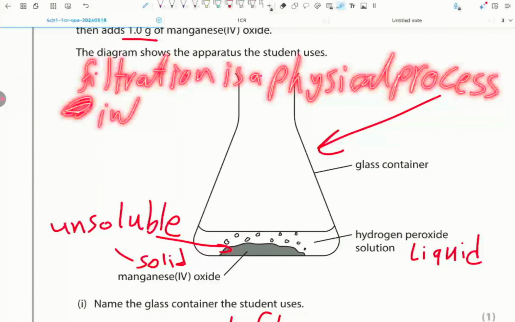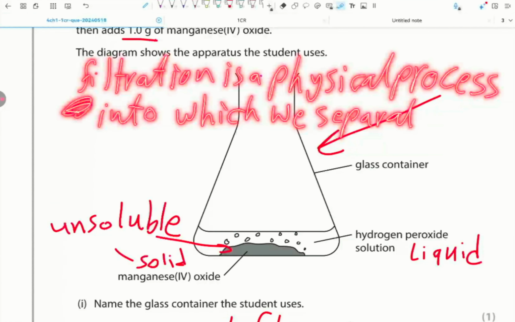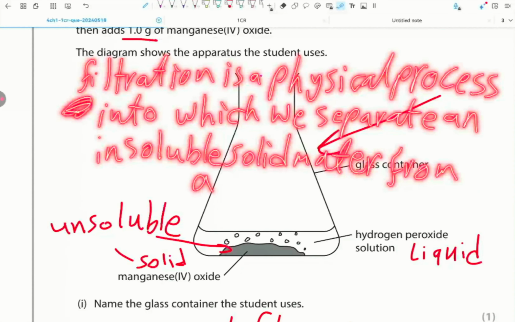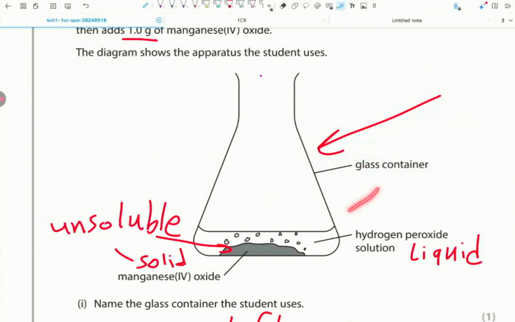Physical process into which we separate an insoluble solid matter from a liquid. So we had a filtration. We filtrate manganese 4 oxide.